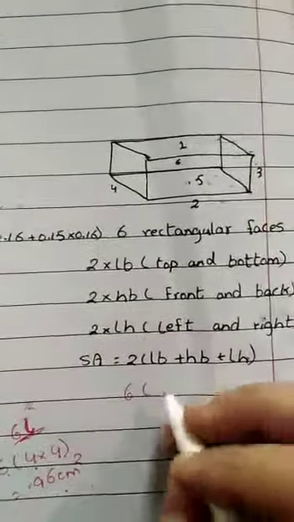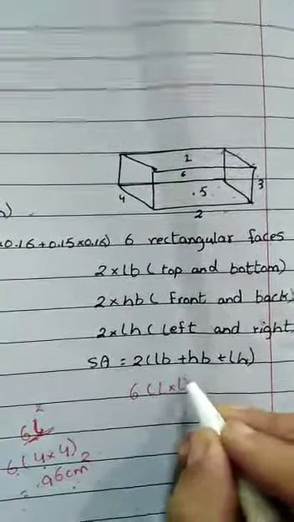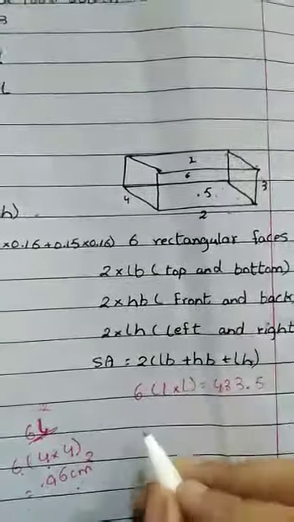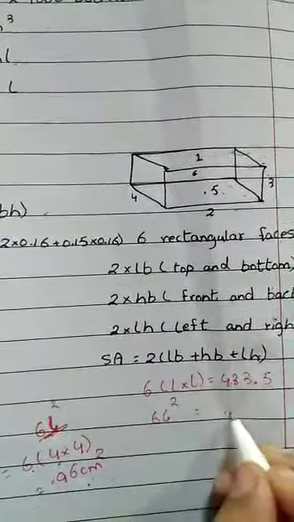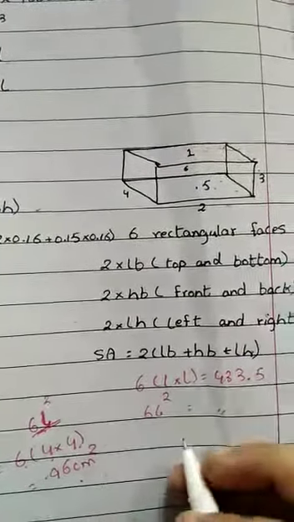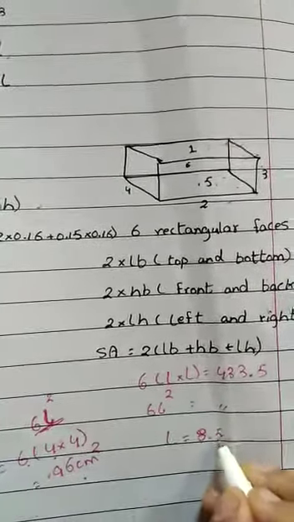Again, right here we take the length as L centimeter, then 6 into L into L is equal to 433.5, so 6L square is equal to 433.5. Then we divide 433.5 by 6, and finally by taking the square root, the length is equal to 8.5.